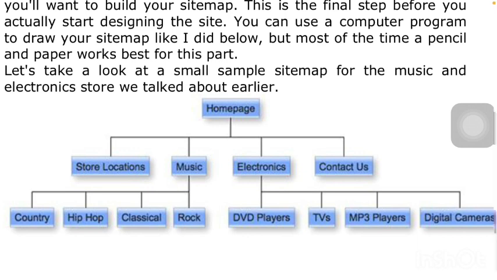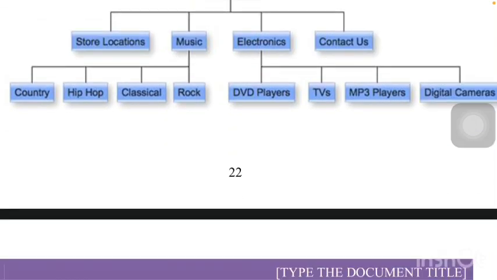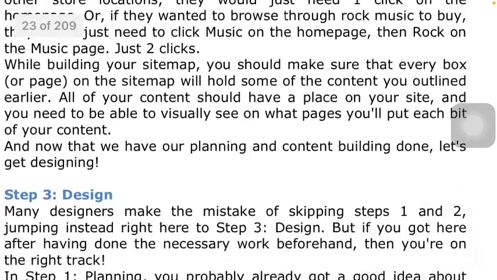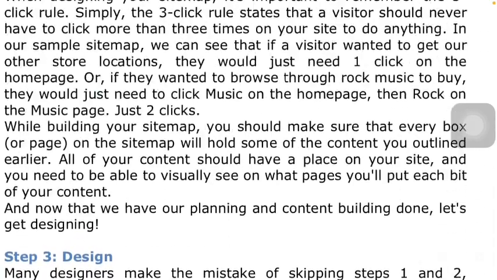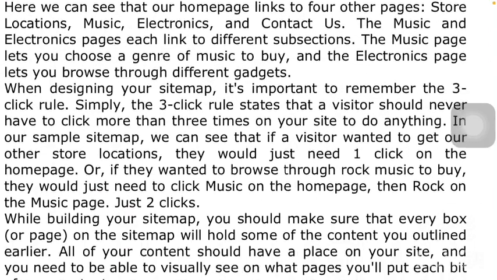For electronics also, it leads you to where you have some links. But for contact and store location, it leads you to a point where you don't go further. But when you go to music, it will lead you to a page where you can still go further to have details. So this is part of content building. Read more. You can pause the video to read.